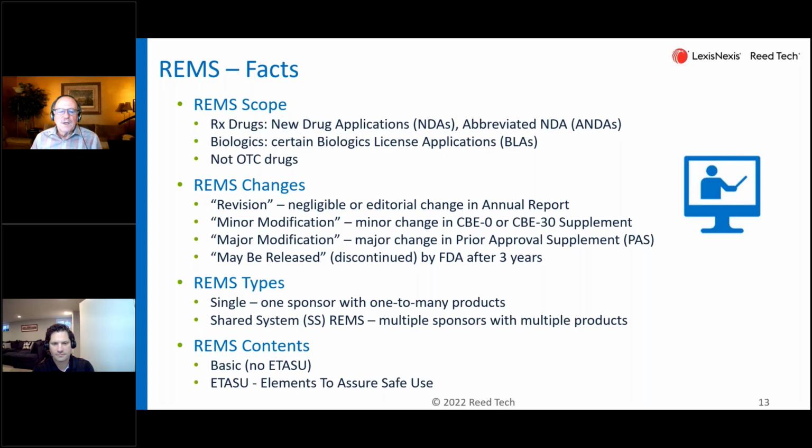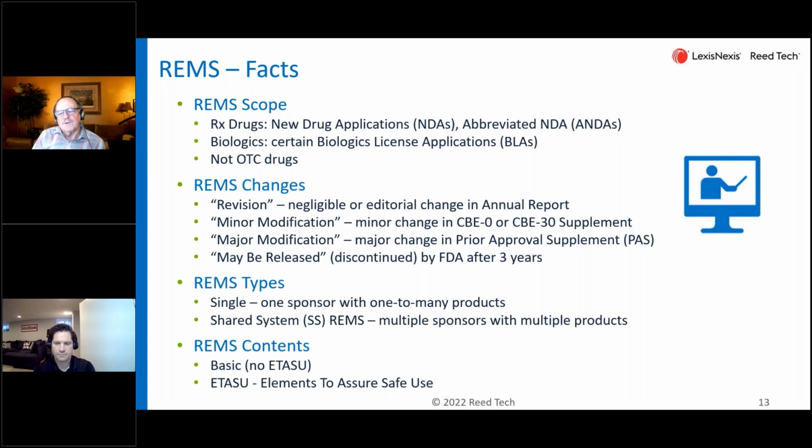Now, we will talk about revisions. And that's a very small change. It might only be on an annual report sort of thing, but then there are modifications, a minor and a major modification. So again, you might have the change be effective in 0 to 30 days.